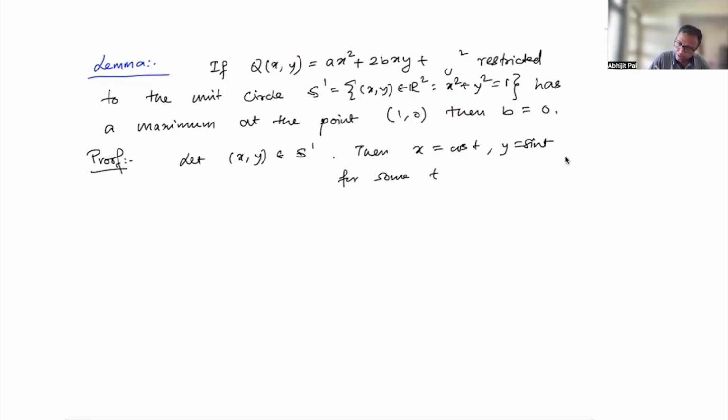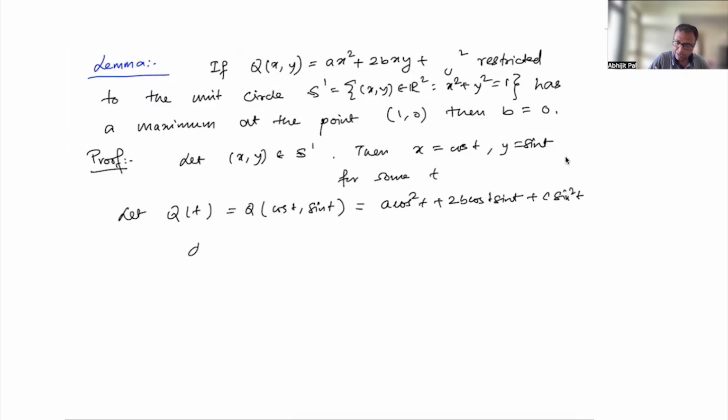Let q(t) equal Q(cos t, sin t). So this will be equal to a cos squared t plus twice b cos t sin t plus c sin squared t.